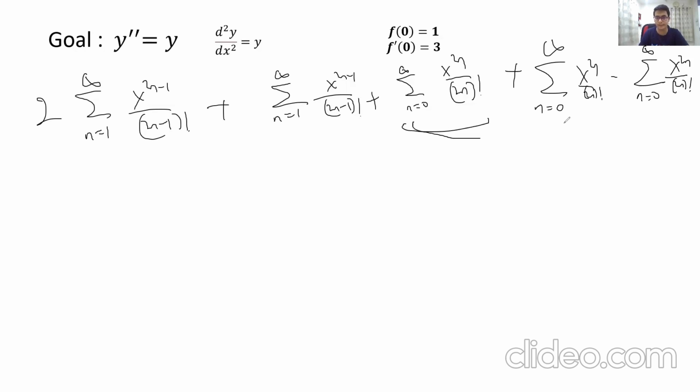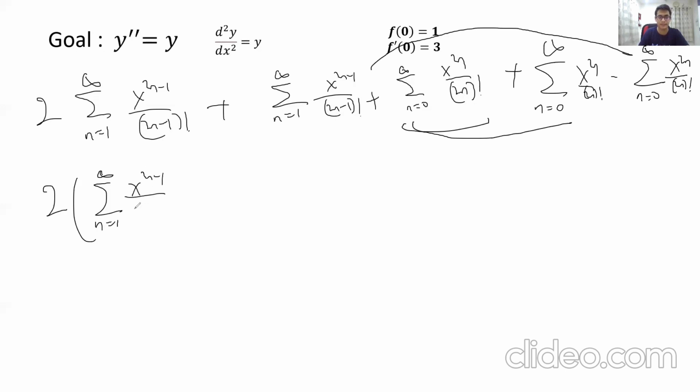So now I'm going to group these two as plus, and I'm going to take this here. So that gives us 2 times the sum as n goes from 1 to infinity of, plus the sum as n goes from 0 to infinity of x to the 2n over 2n factorial.